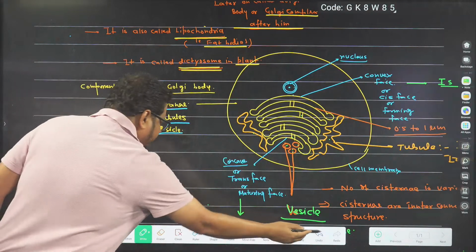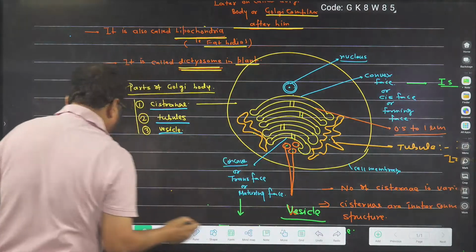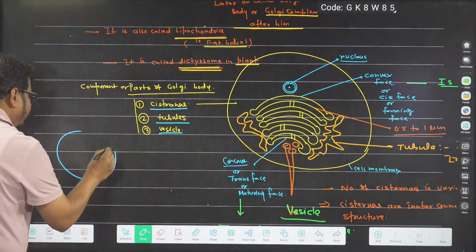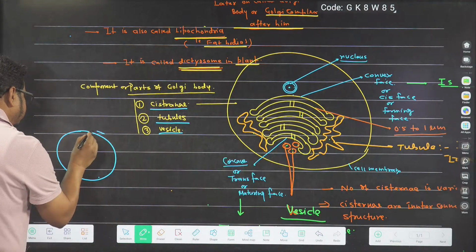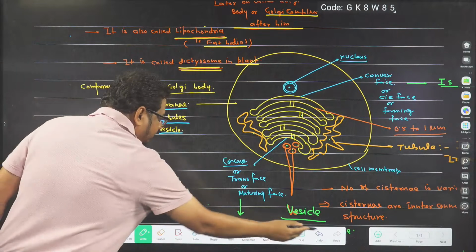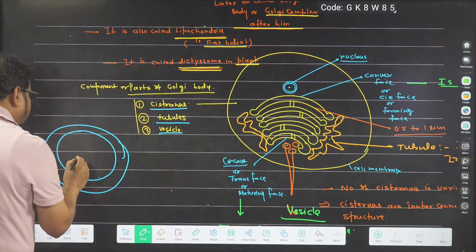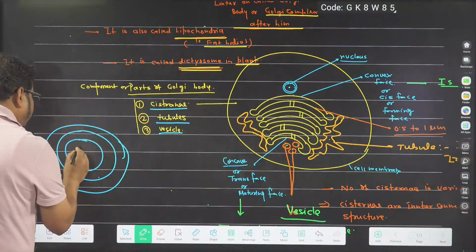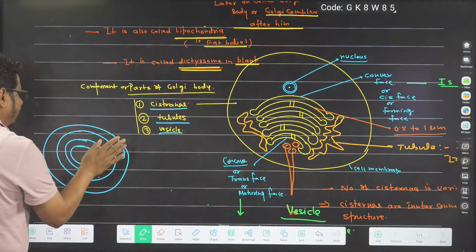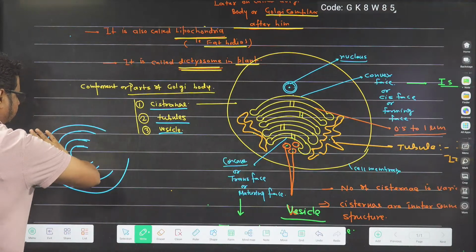Just a minute, I am making a ring. Have a look. Got the idea? Ring within a ring. I am just showing you that part of the ring only.